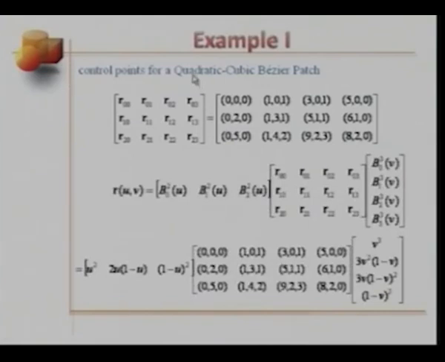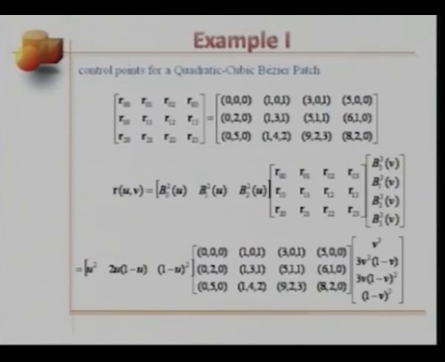Here m equals 2 and n equals 3. Corresponding to u, we'll have Bernstein polynomials of degree 2, and corresponding to parameter v, we'll have the same in degree 3.